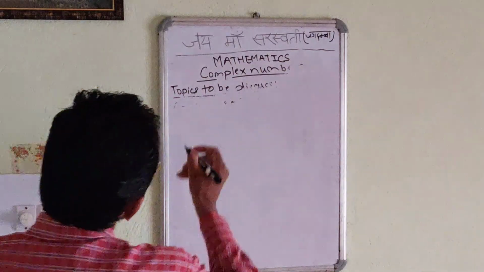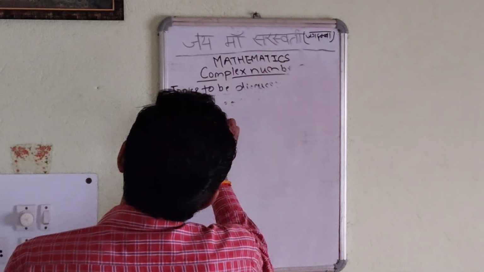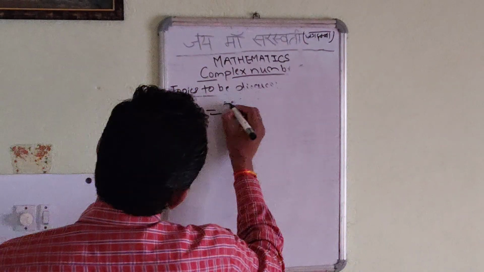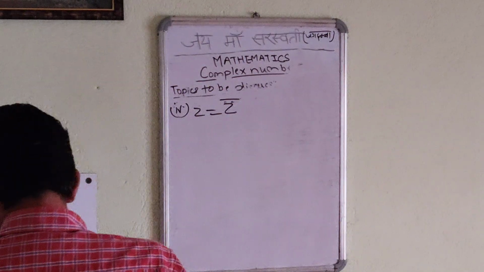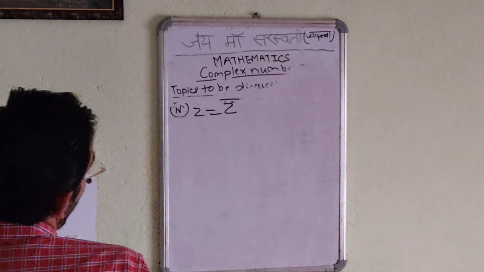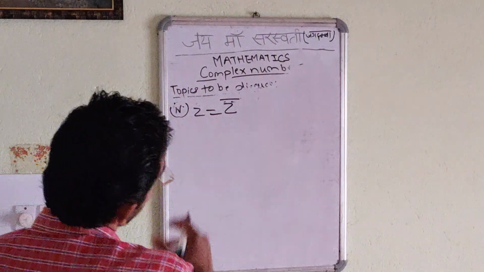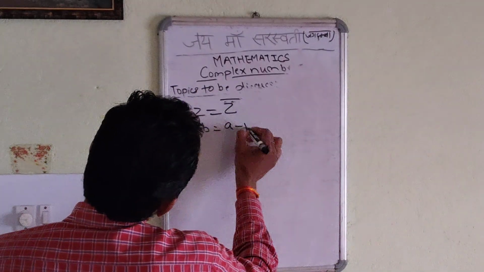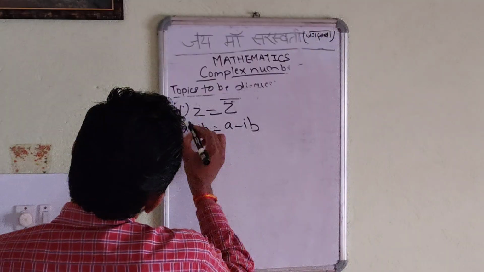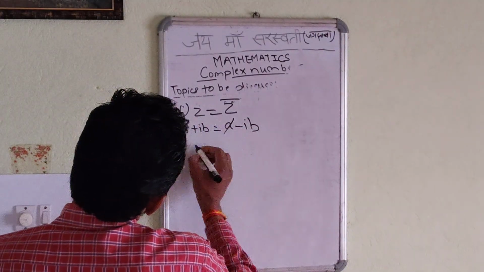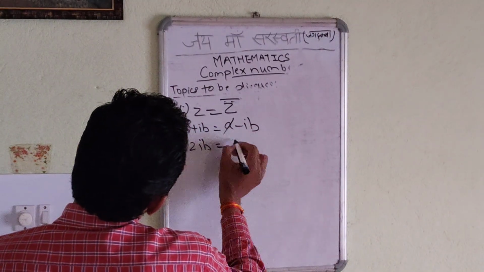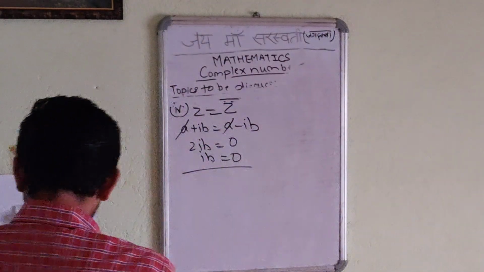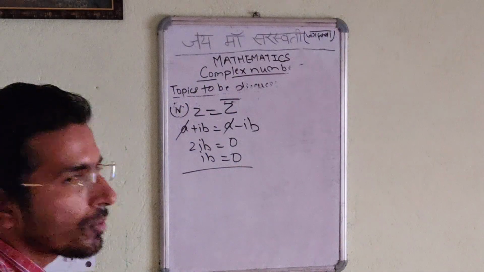The fourth property is z is equal to z bar. In this case, suppose z is equal to z bar, so if a plus ib is equal to a minus ib, we will see it will be 2ib is equal to 0. So ib is equal to 0 and z is purely real.